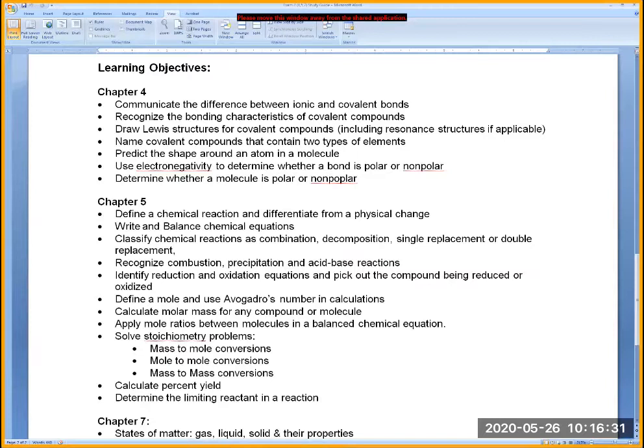Then you will do the octet for the outside atoms first. Octet means you want 8 valence electrons around each atom, so you do your lone pairs on the outside atoms. If you still have enough electrons, you can then do the octet on the central atom. But if you don't have any more electrons, that's when you need to share a lone pair from an outside atom with the central atom.